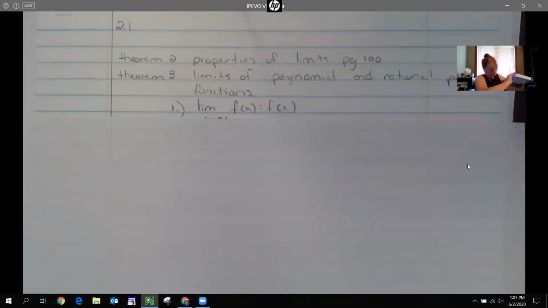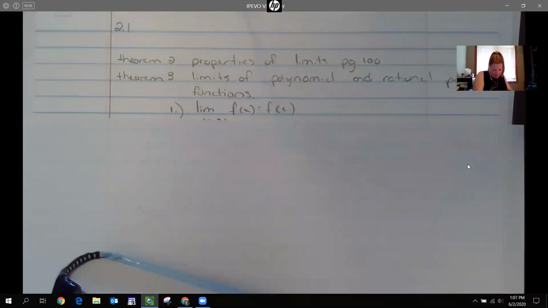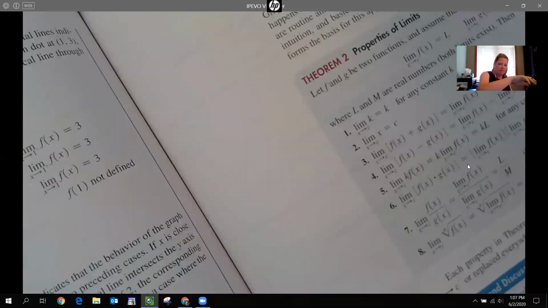Let me grab my book. I can't remember if that's from my other one or not. Okay, let me look. I don't think it's from page 100. So these are our properties of limits. I hit my camera. There we go.